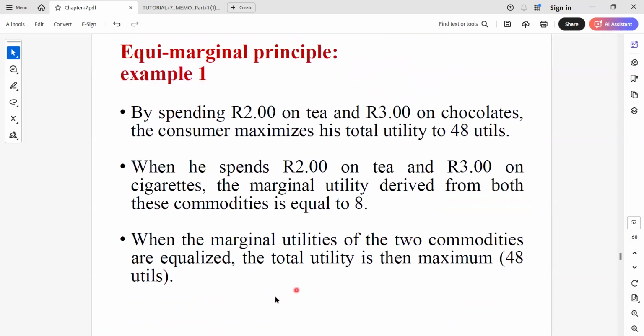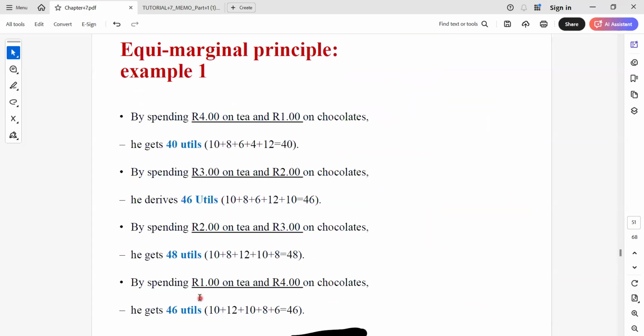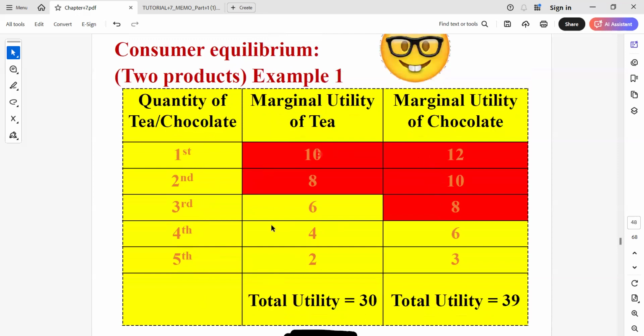So they're saying he's going to get 48 utils. So basically here, the combination that will maximize the consumer's satisfaction is if he consumes 3 chocolates and 2 tea, because he will use all his income and his marginal utility here is the same.